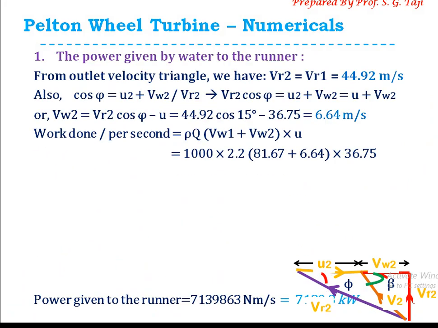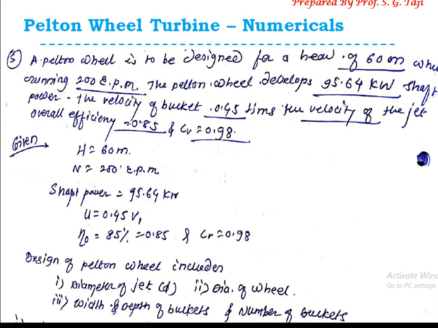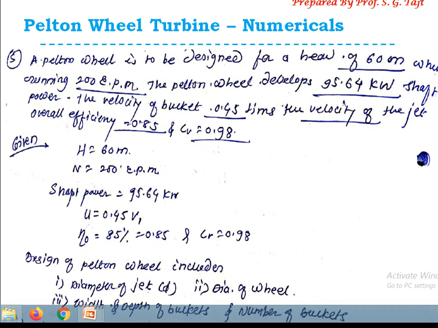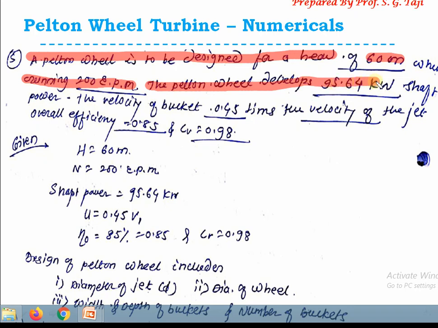So this numerical is based on the design, last numerical. So in this numerical they asked to design the Pelton wheel turbine. So a Pelton wheel turbine is to be designed for a head of 60 meter, which is running at the speed of 200 revolution per minute. The Pelton wheel turbine develops 95.64 kilowatt shaft power. So they have given the power.